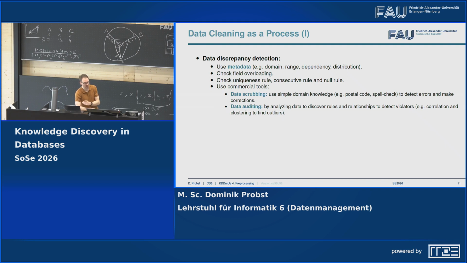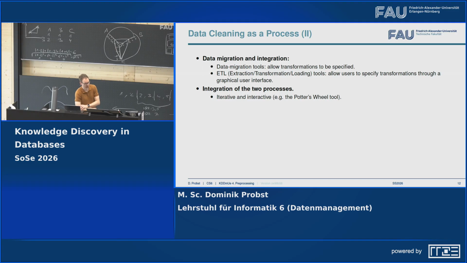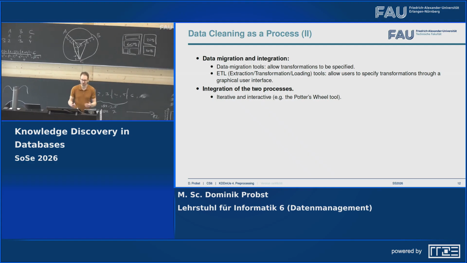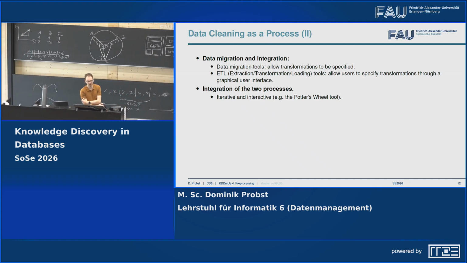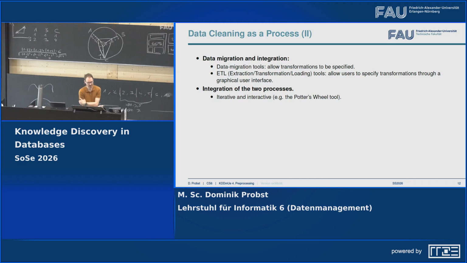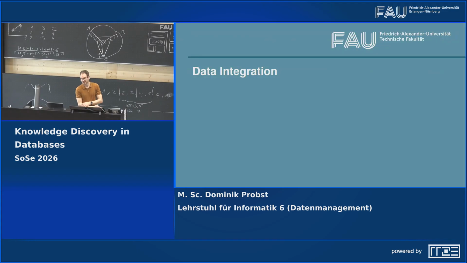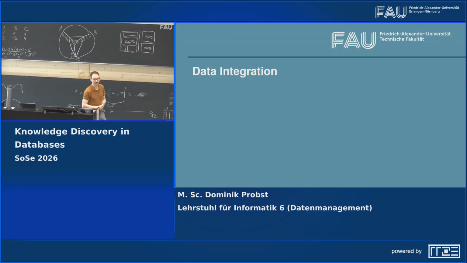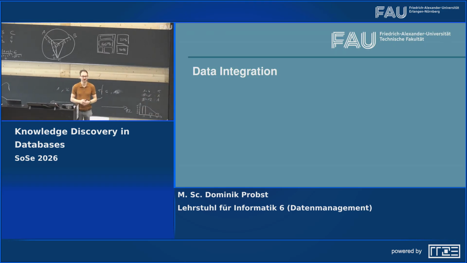Both things are often used in commercial tools. After we have identified and probably fixed, we also have to talk about data migration, integration, of course. There are tools for that as well. And data integration, this step is basically something we will talk about next week because we are at the end of our time today.